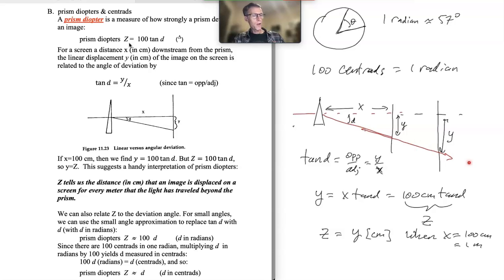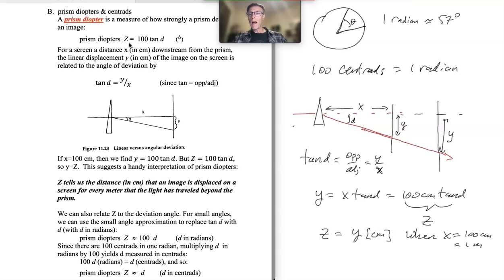Because the deviation angle is constant, there's this proportionality between y and x. If x was 2 meters, twice as far, then y will be twice as big. And if x was half as far, only 50 centimeters, then y would be half as big.